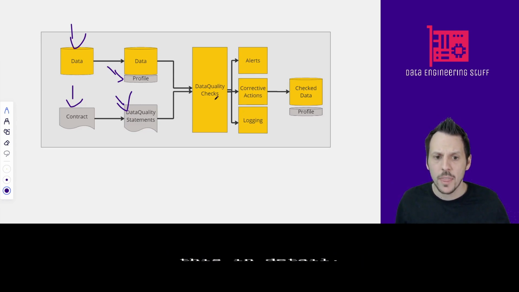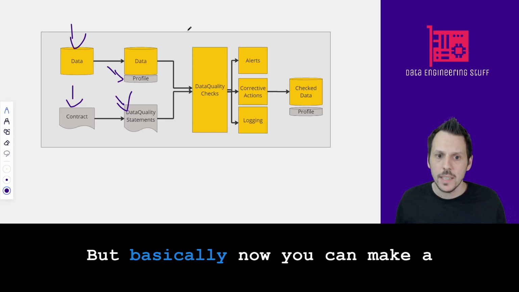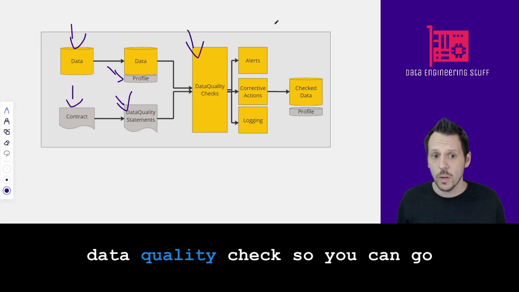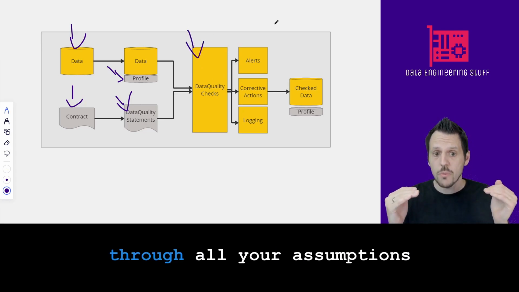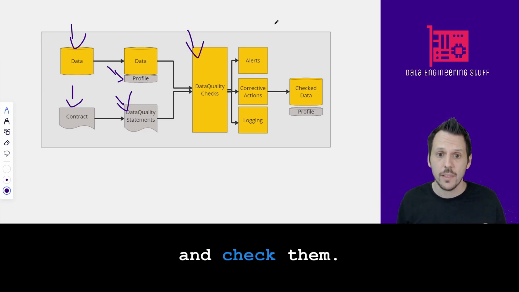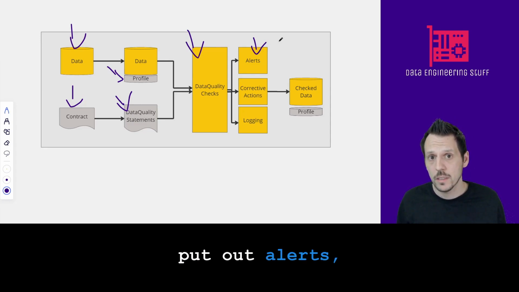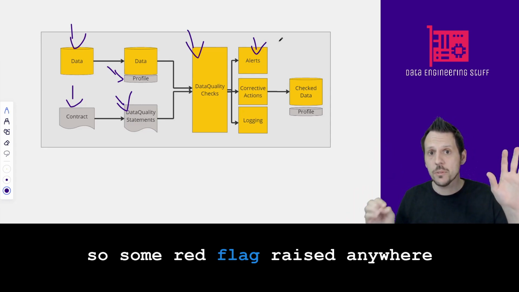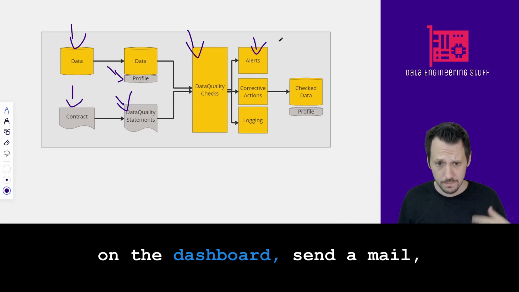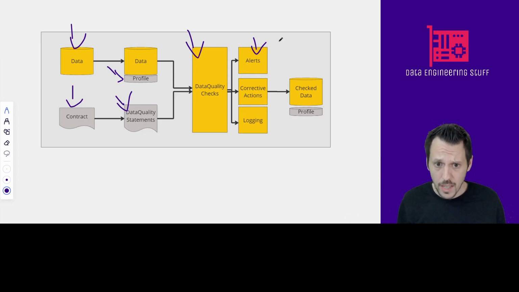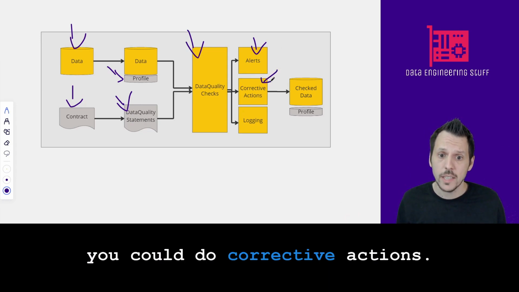So we will talk about this in detail, but basically now you can make a data quality check. So you can go through all your assumptions and check them. And then you can either put out alerts, so some red flag raised anywhere on the dashboard, send a mail, whatever. You could do corrective actions.